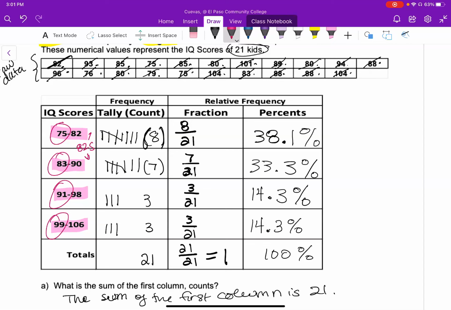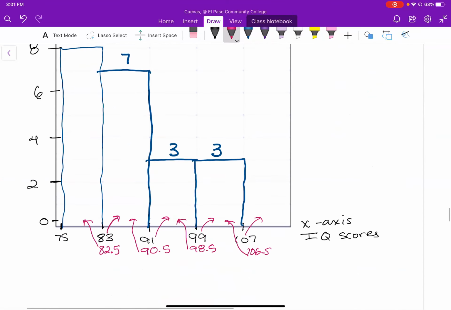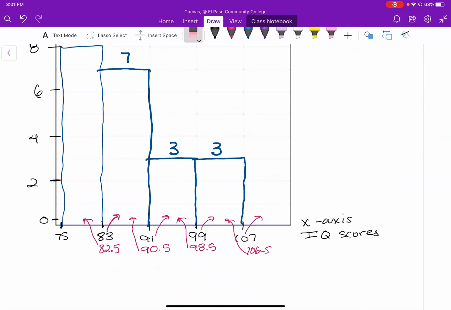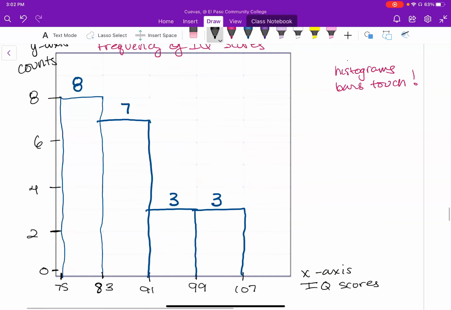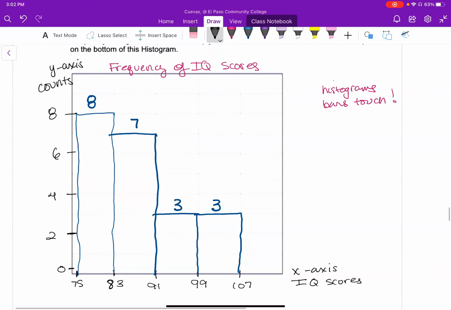It's just right in the middle. In my case, I'm going to stick to the original values that I had here. Our histogram is done.